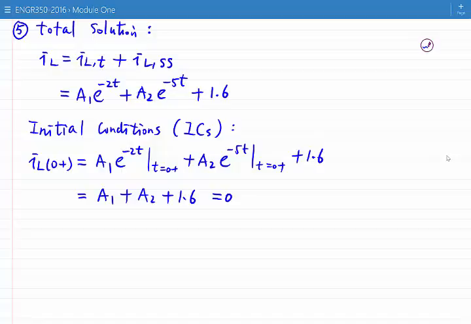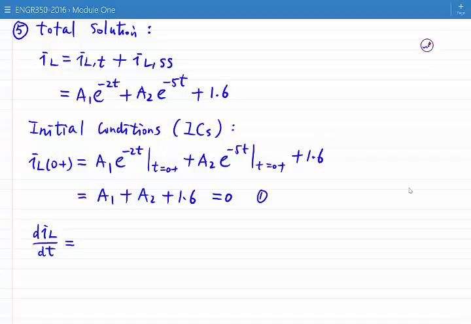So here we have two integration constants, A1 and A2. We need to find a second equation to solve for A1 and A2. The second equation comes from the second initial condition, which is the capacitor voltage. But how do we relate the capacitor voltage with the inductor current form? We can do the following. In order to find the second equation, we can take the first derivative of IL with respect to t.